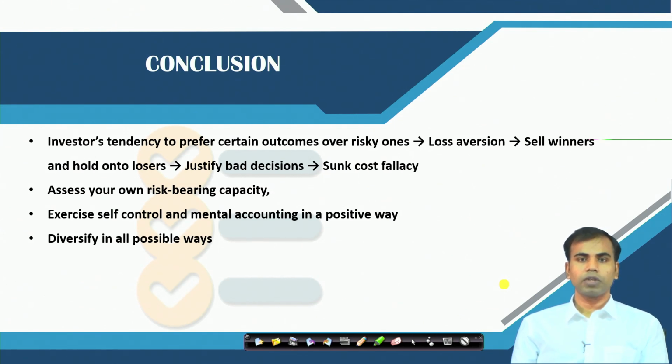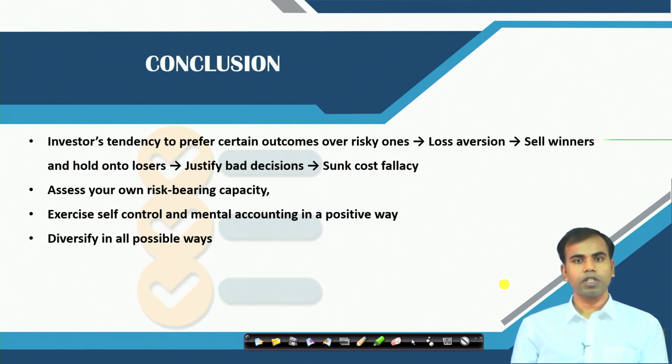And in the stock market, we have understood that it could result in selling winners and holding on to losers. We should not justify this decision by holding on to losers in a falling market.